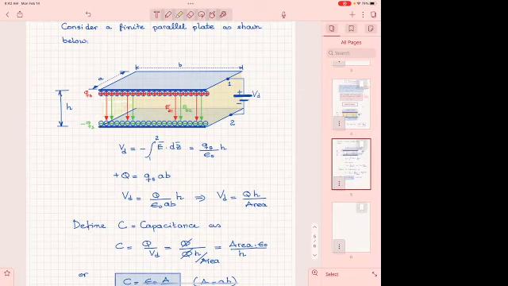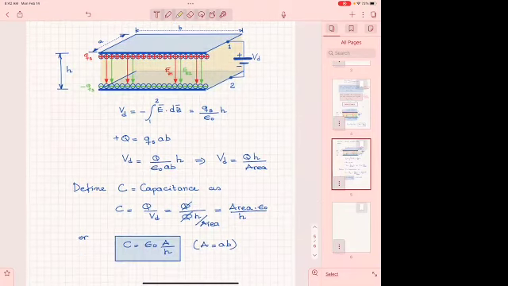So then we have the field, and we have the voltage that applies between the two plates. It's VD. What is the relationship between the voltage and the field between the two plates?